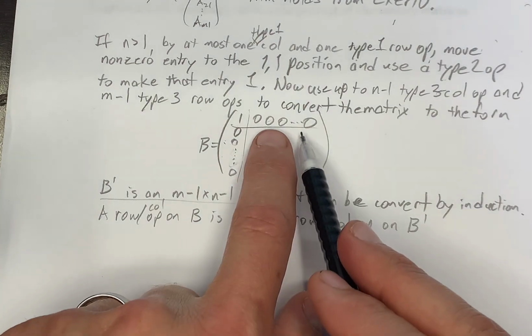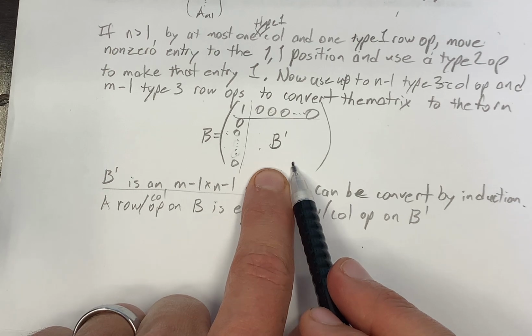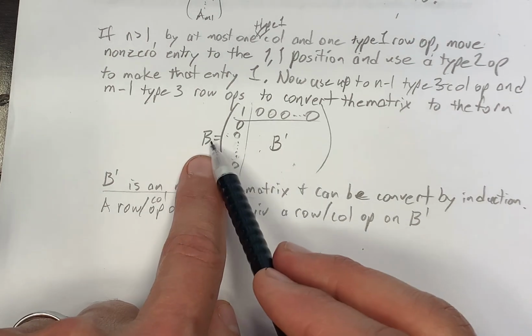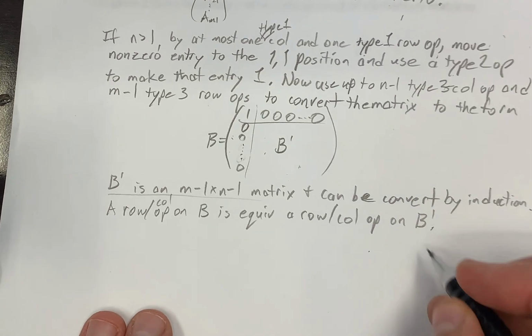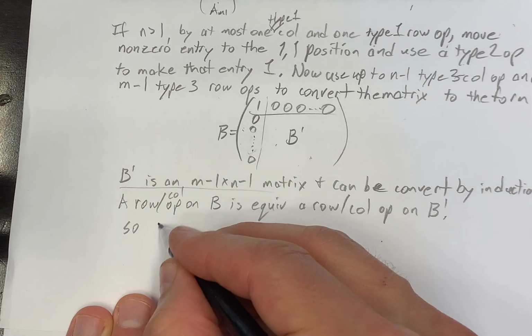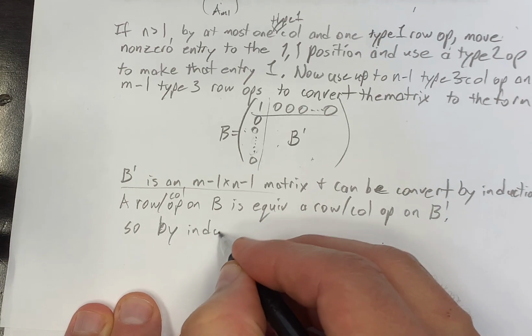So if you needed finitely many operations there to get it in the form of D, you can just apply those to B, then by induction, right?